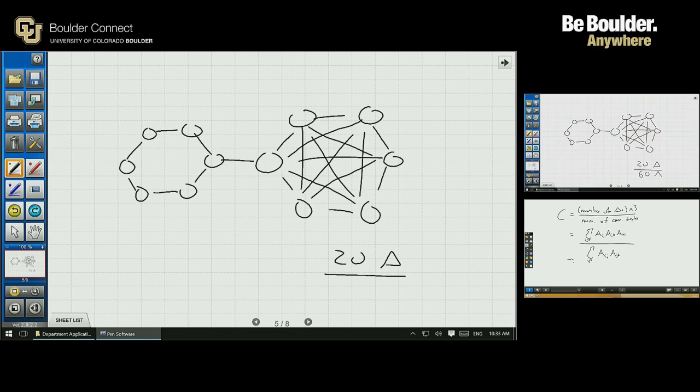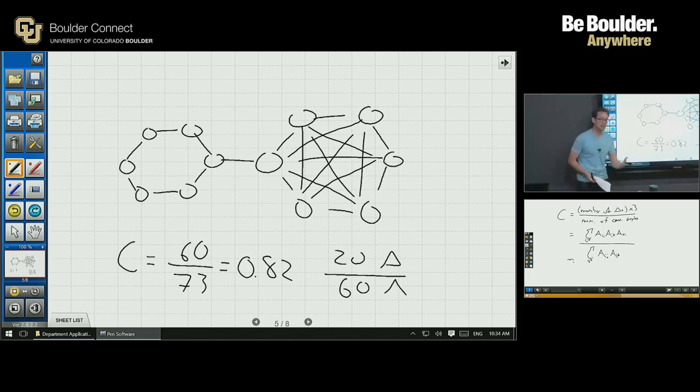So it's definitely not 1. When you go through and count these things by hand carefully, I believe what you get is C equals 60 over 73, which is 0.82.